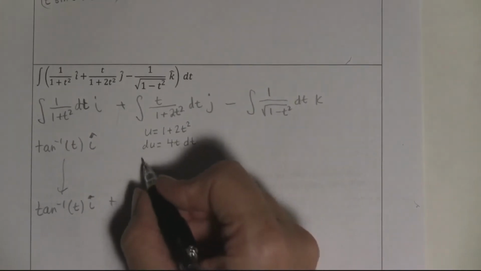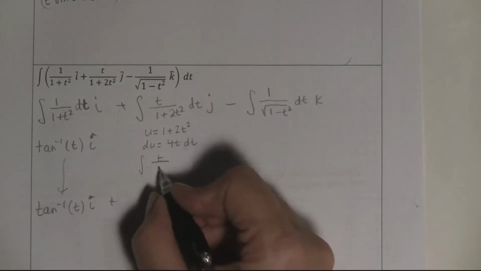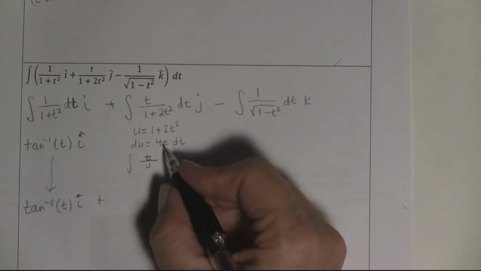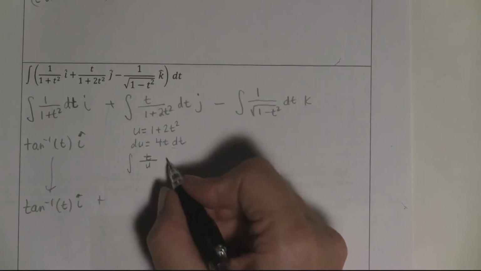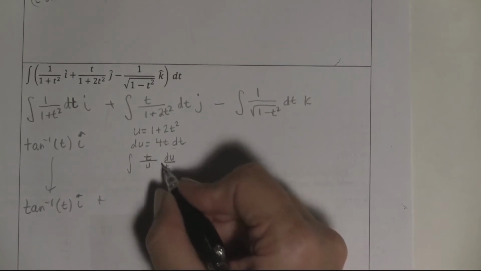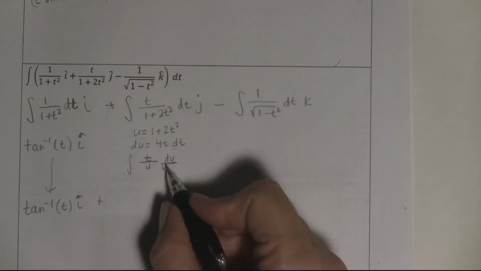And then this integral, and I know I do it the baby way, is t over u, and then dt. If you solve this for dt, it's du over 4t, and the t's cancel out, so that's wonderful. That's what you were hoping for.